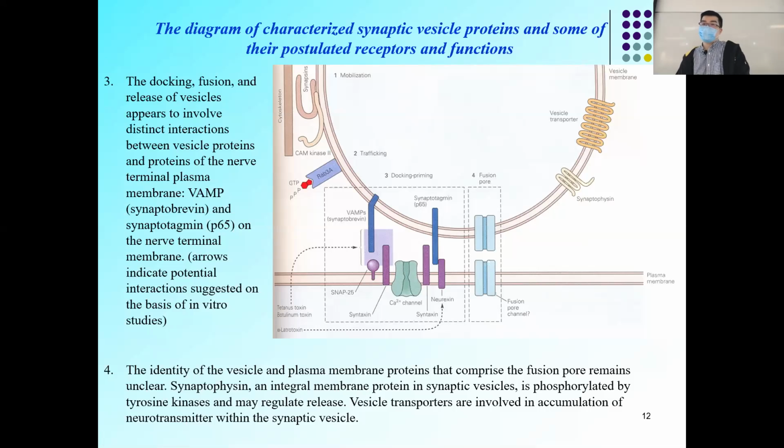The whole process is basically that calcium rushes in and binds with this synaptotagmin, and that triggers a structural change and forces the fusion between the vesicle and the plasma membrane. Then we will also have a look at the proposed state or form of the vesicle at the priming state.